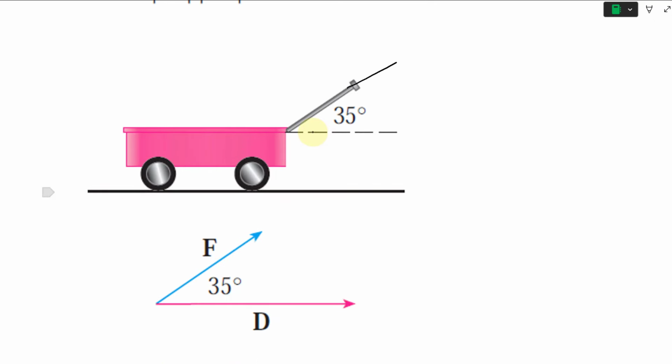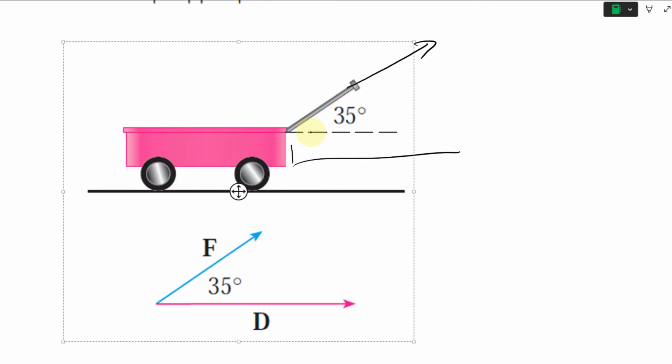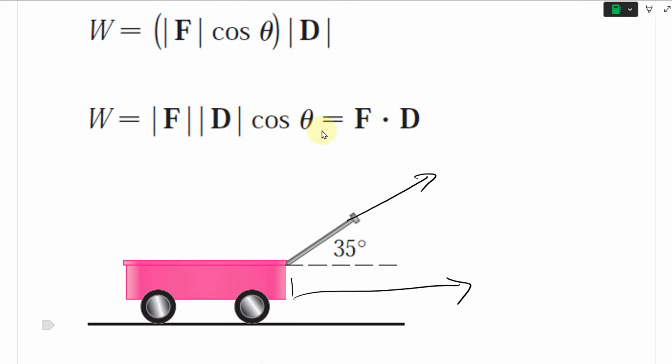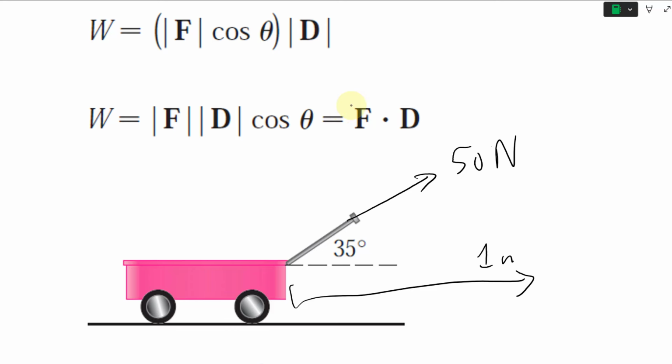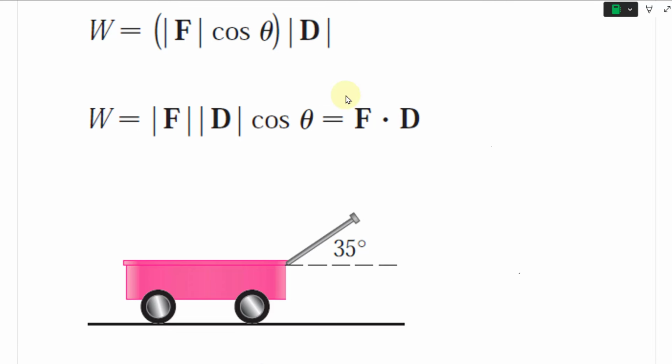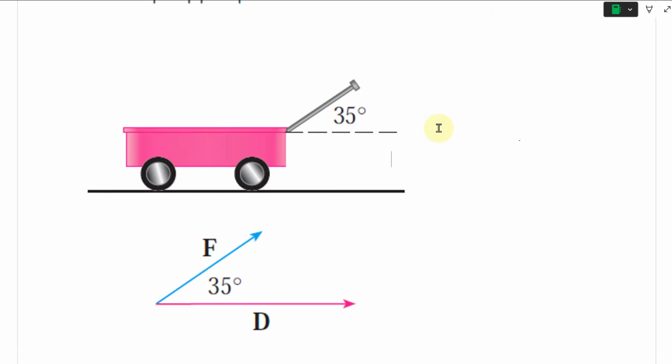If you're pulling a wagon at a distance in this direction, and you know the force, say 50 newtons at that angle, and you push it along a distance of 1 meter, the work is the dot product of those, the component of the force along the distance. Again, you could use the dot product or cosine. For the dot product, you just need the components and coordinates.